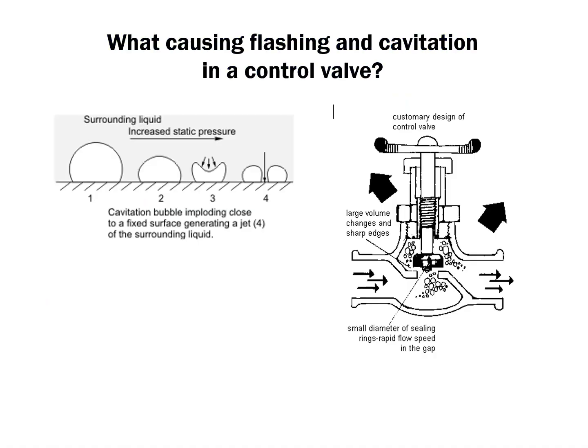You can see this is the cavitation bubble. It forms at a fixed surface. This bubble will generate a jet of surrounding liquid. You can see the bubble inside this valve. It will also affect the movement of the stem.